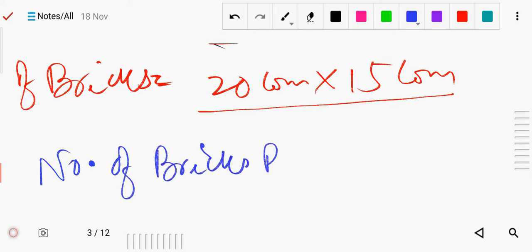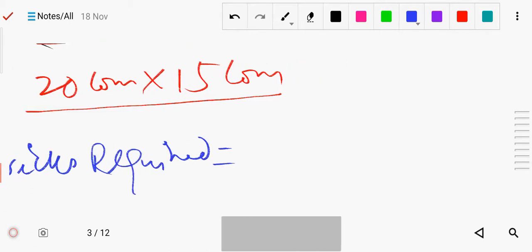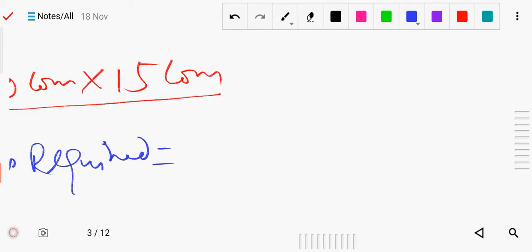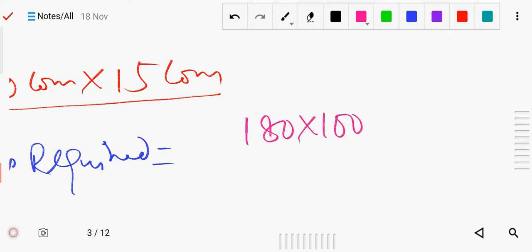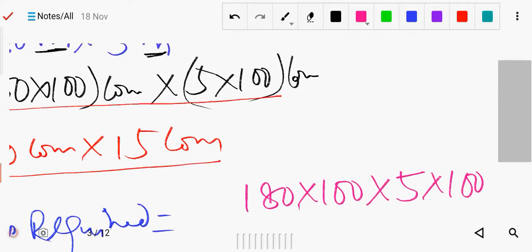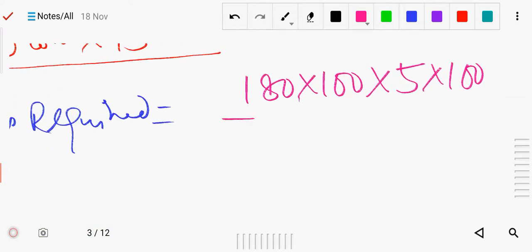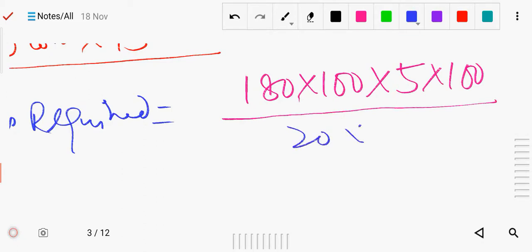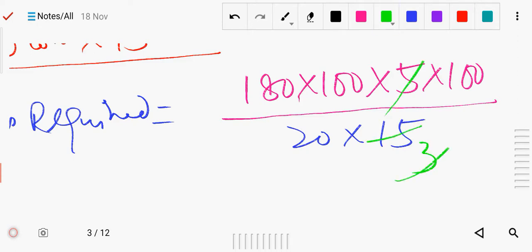For that, the area of the lane we write first: 180 into 100 and 5 into 100. Now it will be divided by the area of bricks, which is 20 into 15. Now one by one you can divide. So by 3 you can divide 60.